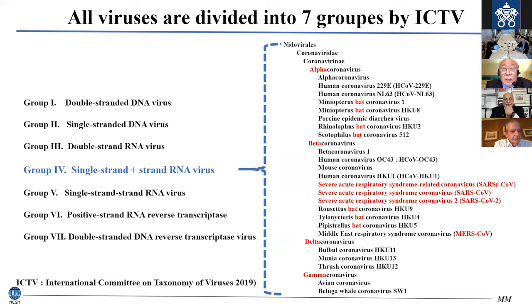At present there are 4 types reported: alpha coronavirus, beta coronavirus, delta coronavirus and gamma coronavirus. SARS-CoV-related viruses, SARS-CoV-2 and MERS-CoV are classified by ICTV as beta coronaviruses.